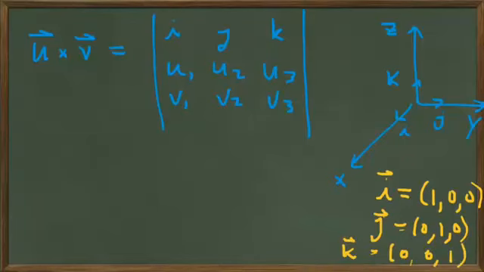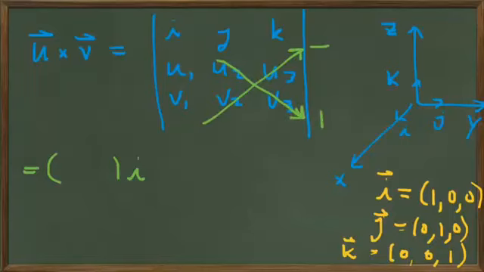And when we do this calculation, it turns out to be a little bit complicated till you get used to it. Remember, u cross v is a vector, so we want to have an i, j, and k component on it. So the i component turns out to be the product of these two minus these two.